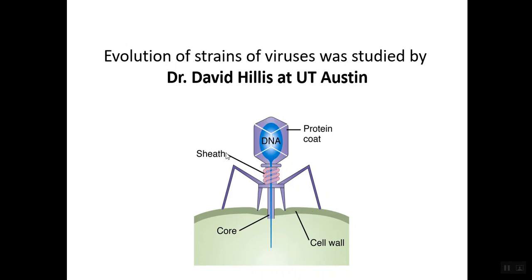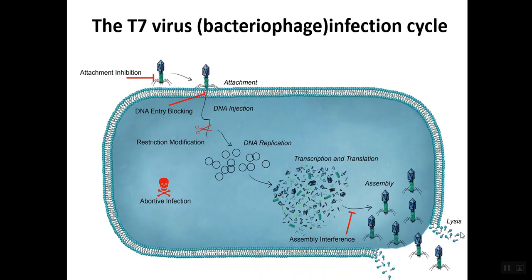Now, in order for this entity to replicate, to make copies of itself, it needs to get into a cell because it has nothing with it to otherwise make copies of itself. So that's a virus. Now, let's look at what happens when a virus infects, for instance, the bacterium E. coli.